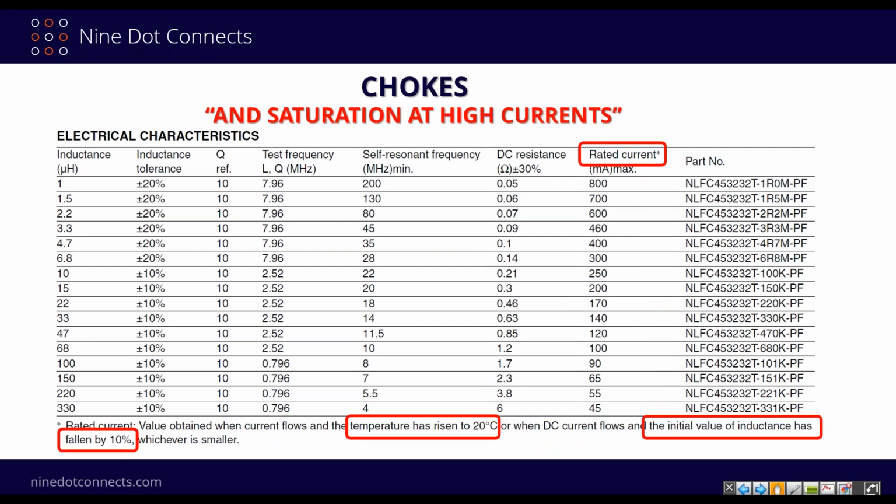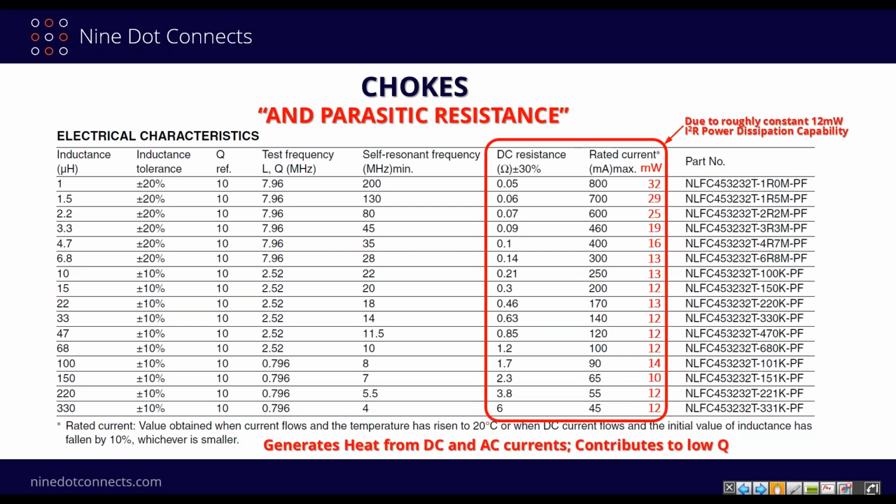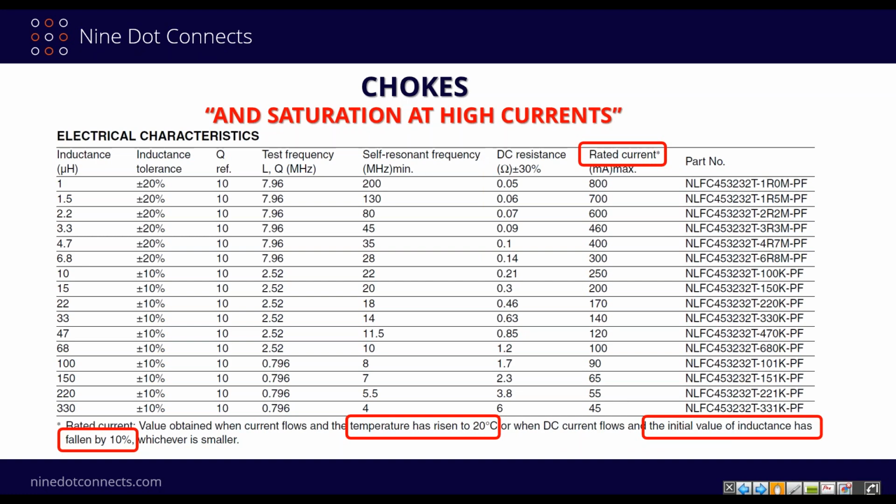Well, it's one of two things. Either when the temperature has risen by 20 degrees C, or when the initial value of inductance has fallen by 10%. Aha! That second criteria is why it's a little bit different on the previous slide. It's a little bit higher power because you're in that regime as opposed to the temperature rising by 20 degrees C, which would be an I squared R loss.